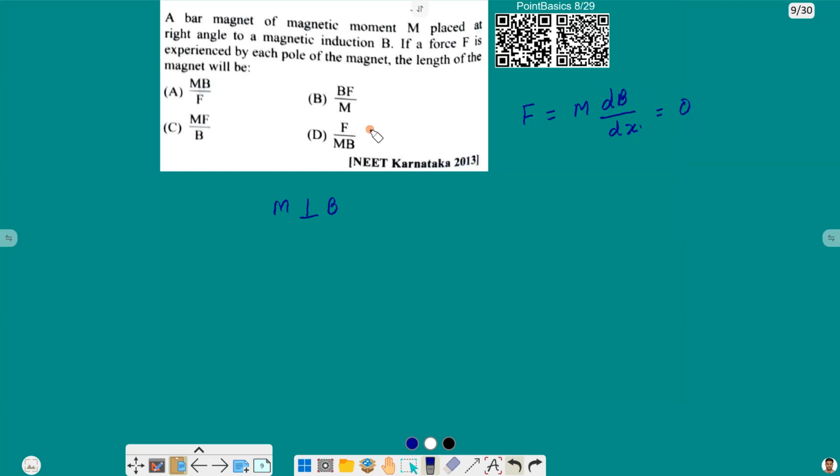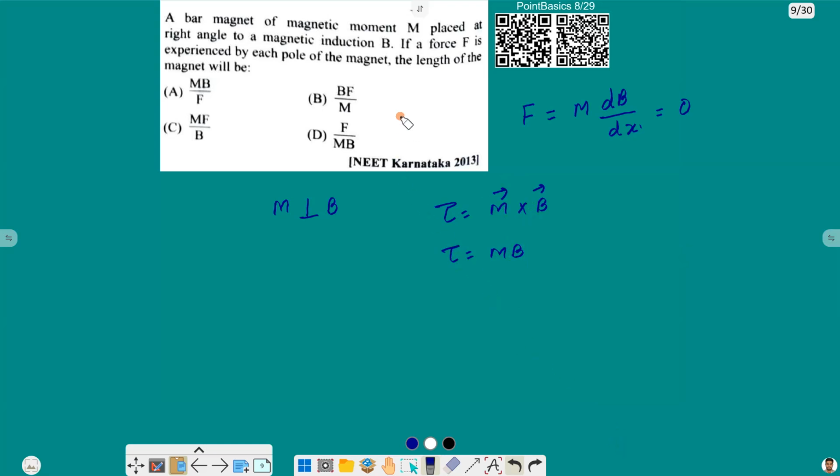So it means the force mentioned in the question is about torque, and we know that torque is equal to m cross B for a magnetic dipole. Here the angle between m and B is 90, so torque will be m into B.